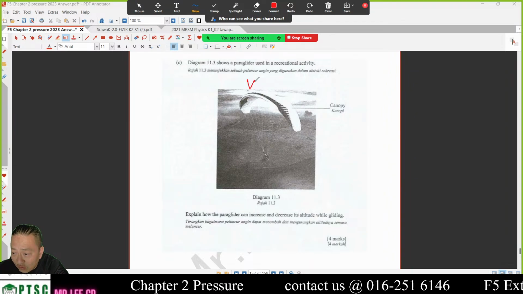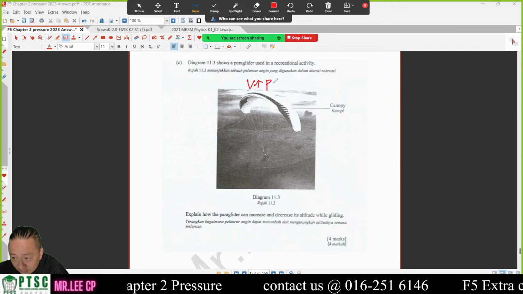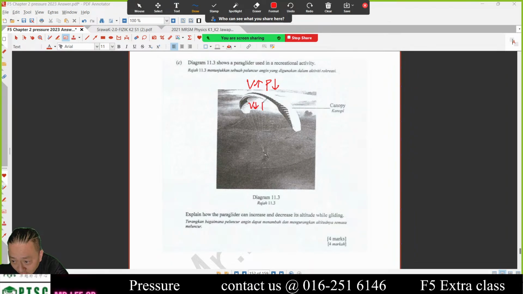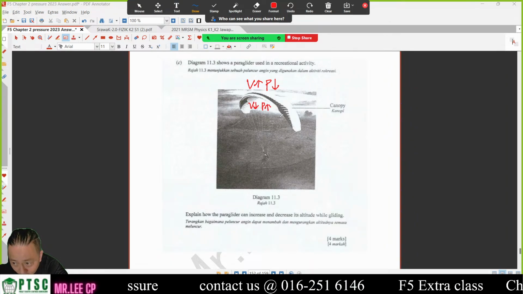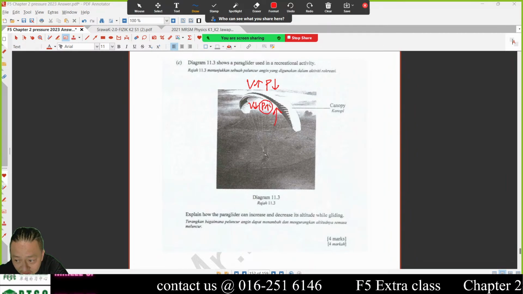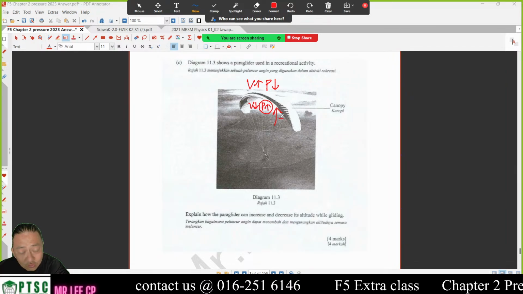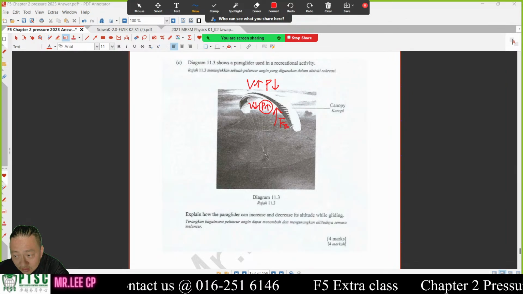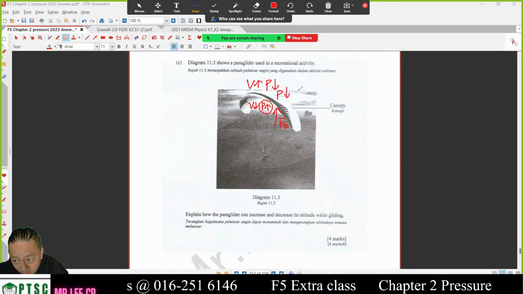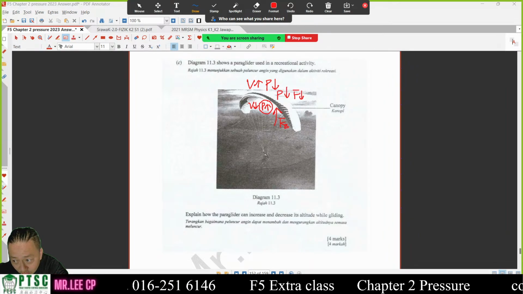When velocity is high at the top, pressure is low. When velocity is low, pressure is high. So it will move upward. The lift force is big, the pressure on the other side is lower, so the force there is low. So it will lift upward.